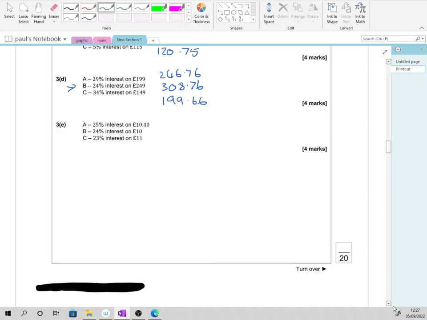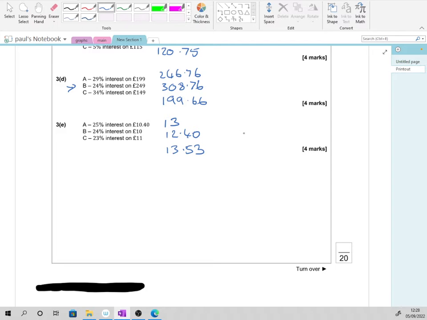So £10.40 times 1.25 is 13. 10 times 1.24 is £12.40, and 11 times 1.23 is 13.53.